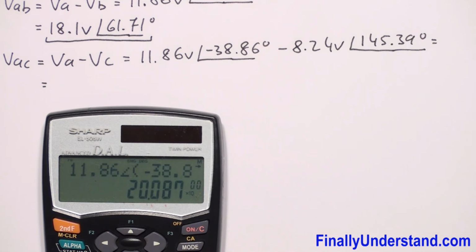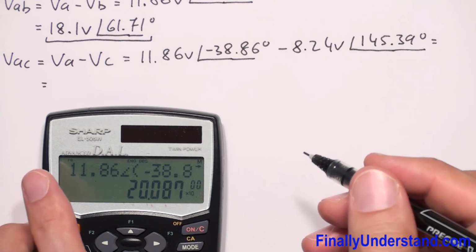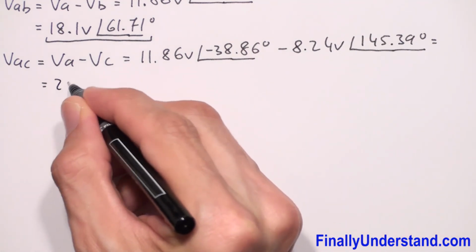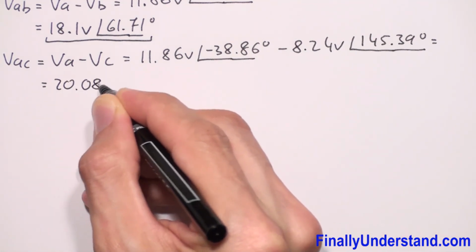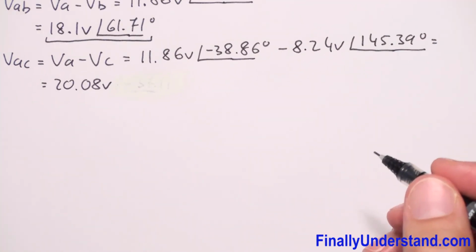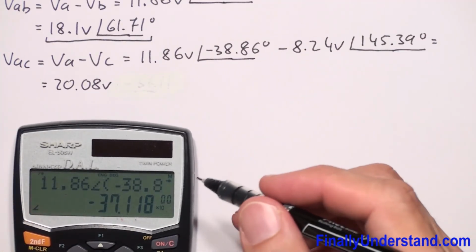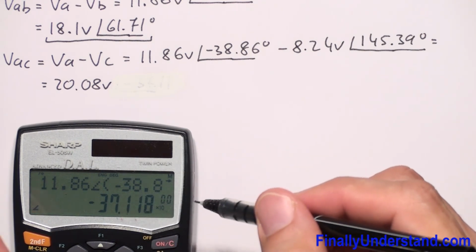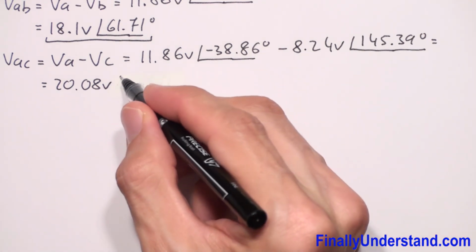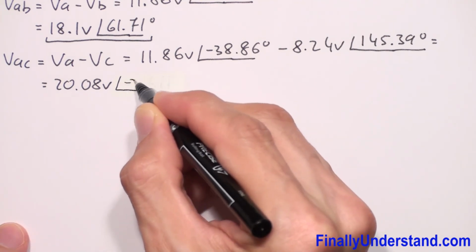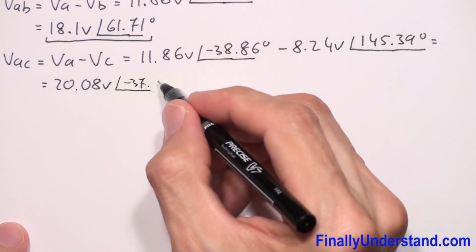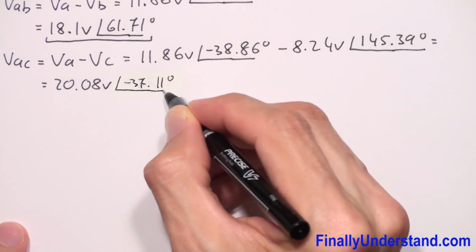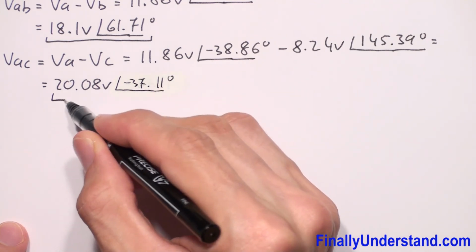This is equal to 20.08 volts and angle of negative 37.11 degrees, and this is my voltage VAC.